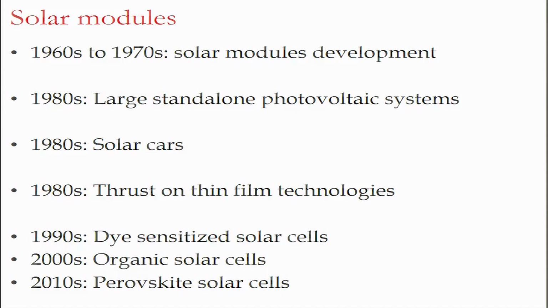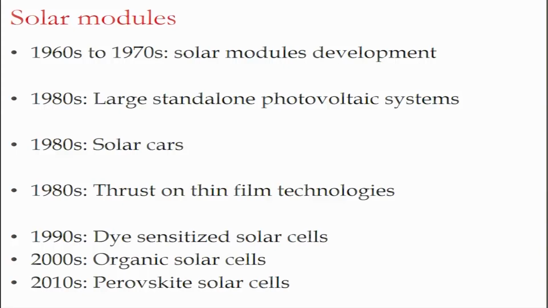In the 2000s a lot of research was done on organic solar cells, which are based on polymer and plastics based materials. And in 2010 we have intensive research on perovskite solar cells, and somewhere in between we also have multi-junction solar cells. The work on multi-junction solar cells started quite early because of the ability to match the band gaps, and people saw potential in increasing the efficiency, although they are expensive.